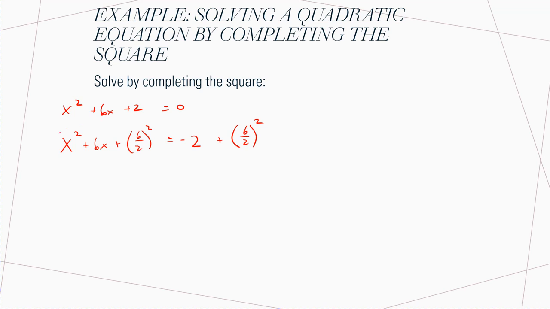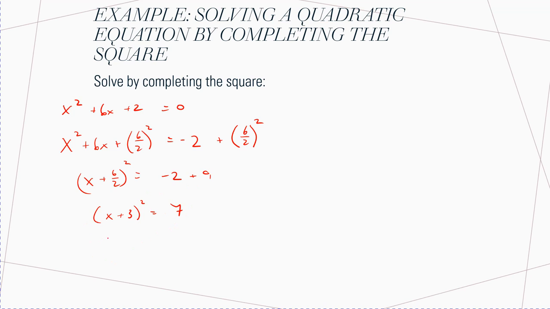Okay, so this is going to factor into x plus 6 divided by 2 squared is equal to minus 2. 6 divided by 2 is 3. 3 squared is 9. Let me clean this up. 6 divided by 2 is 3. So this is x plus 3 squared is equal to 7, because minus 2 plus 9 gets you 7.